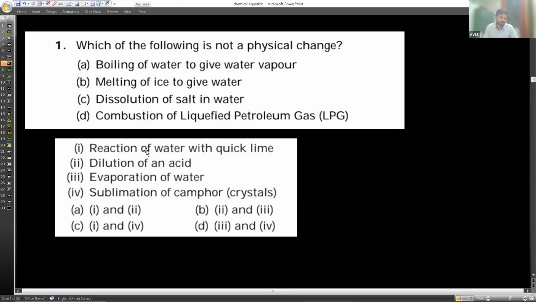Which of the following is a physical change? Which of the following is a chemical change?